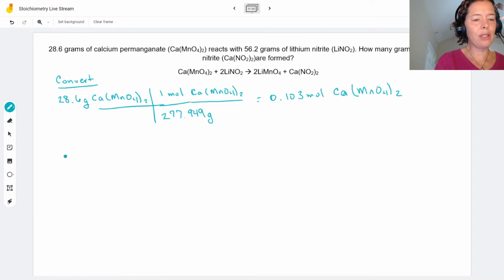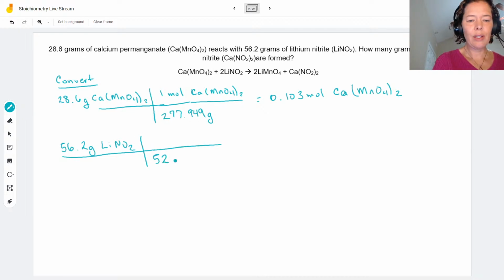Now let's do our lithium nitrite. That is 56.2 grams. And that molar mass is 52.947 grams per mole.